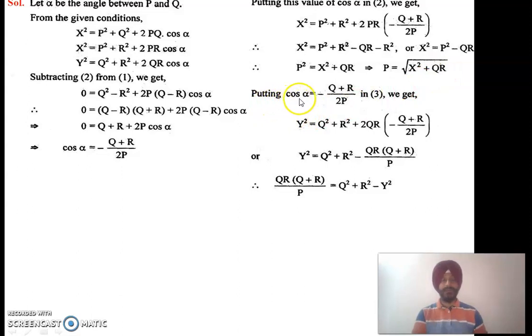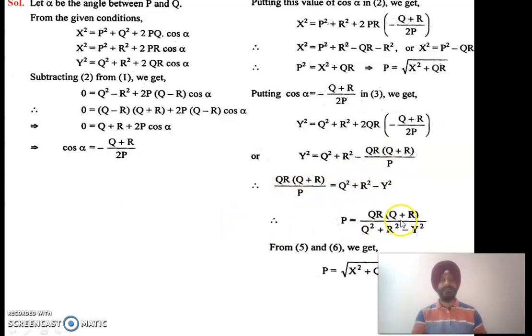And when we put cos alpha in the third, we got Y square is equal to Q square plus R square minus this. On simplification we got this, and P is equal to QR by R square, but P is equal to this, and when we put this value we got the required answer.